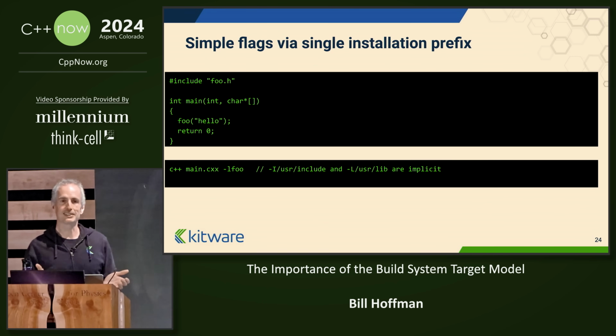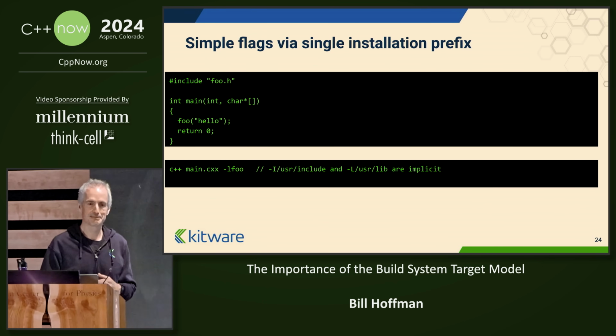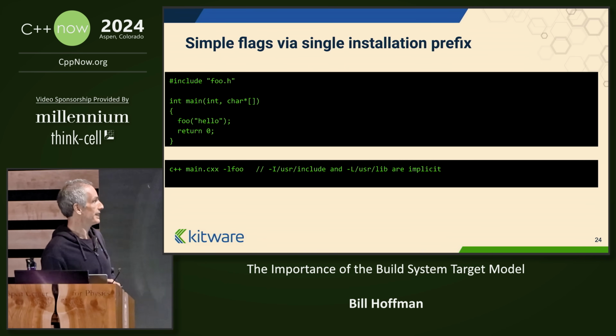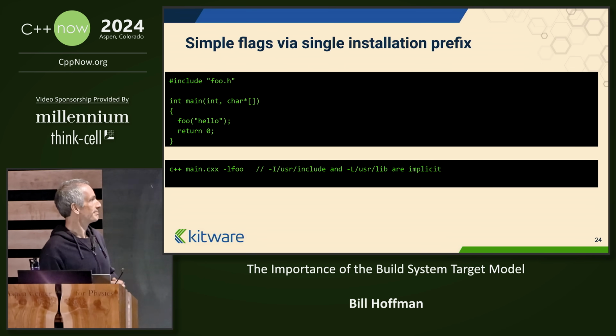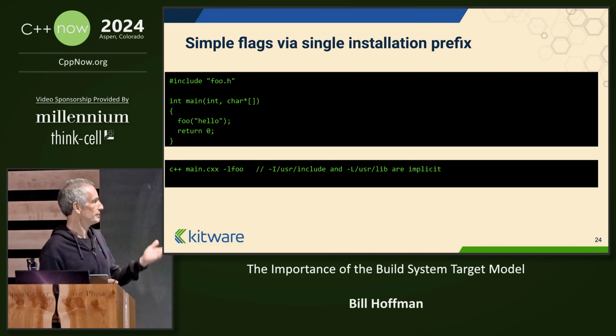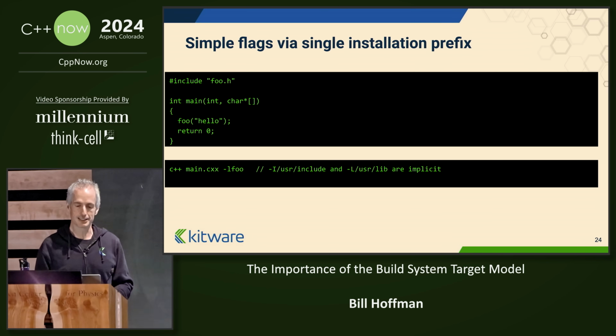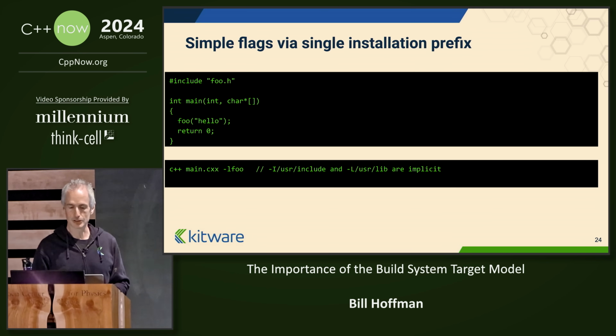All right, so other ways this has been solved sort of in the past. Simple flags from a single installation prefix. So I've got my main net here, and I include this foo, do cpp main.cxx -l foo. And this is just assuming that foo's been installed in user include and the library's in user lib and everything's implicit.